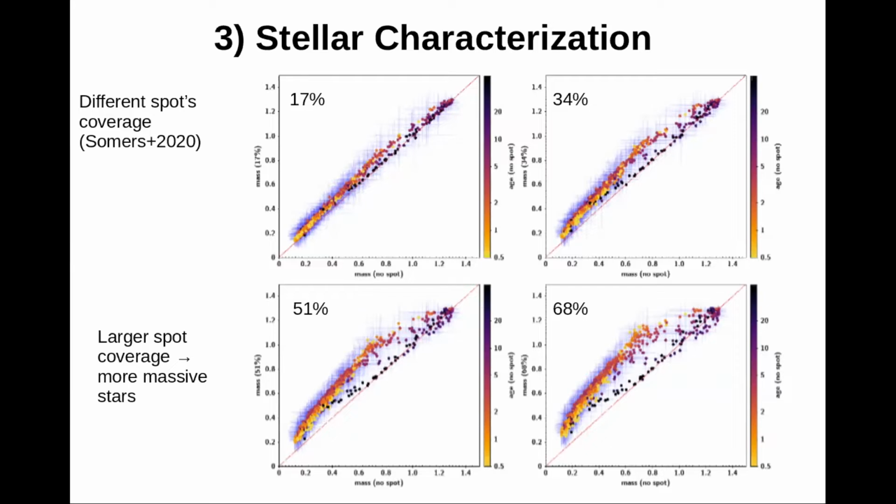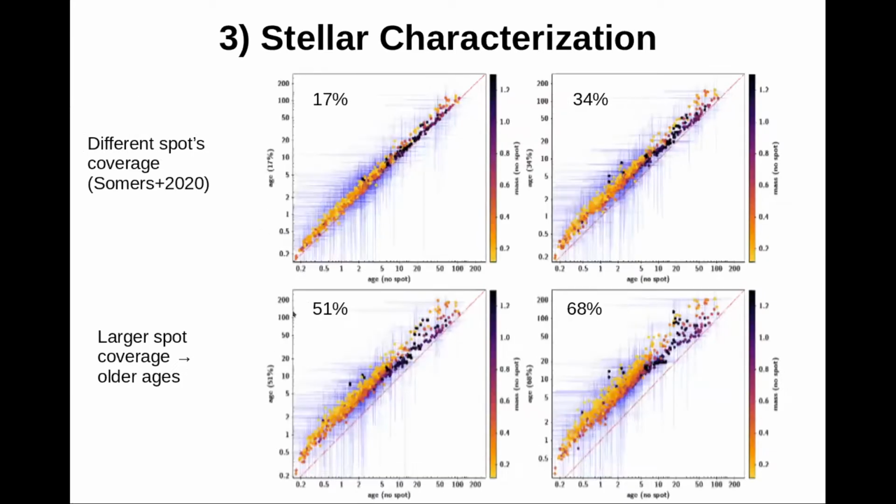In the x-axis is the no spot case, and in the y-axis is different spot coverage. If we compare the age, the more extensive stellar spot coverage will give us older stellar ages too.